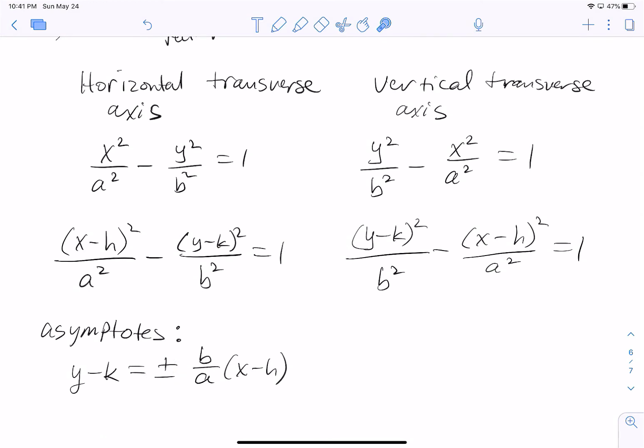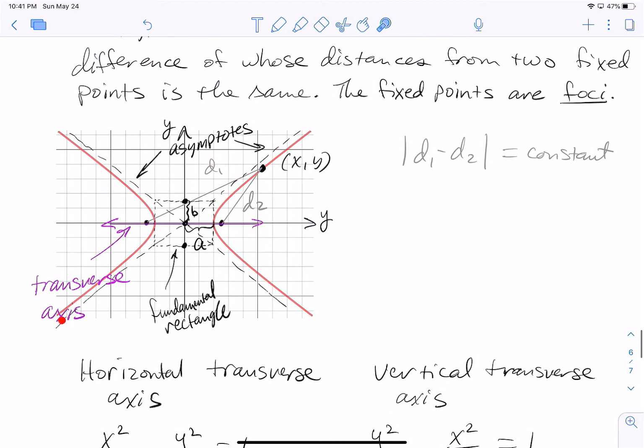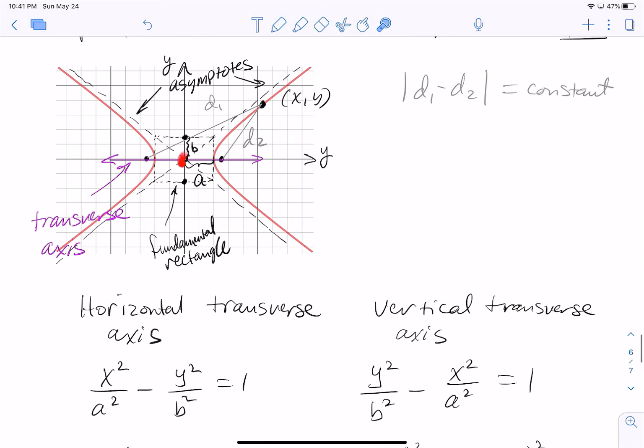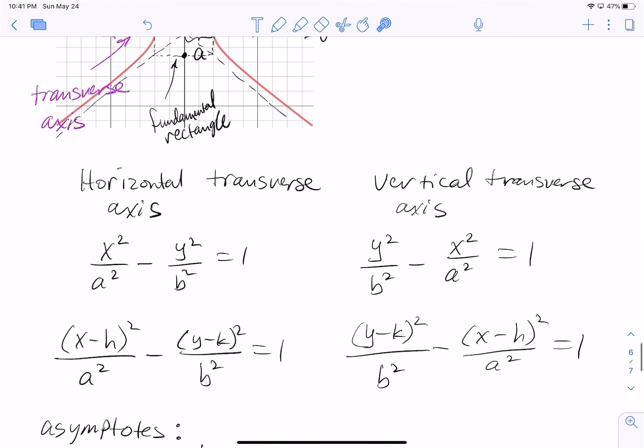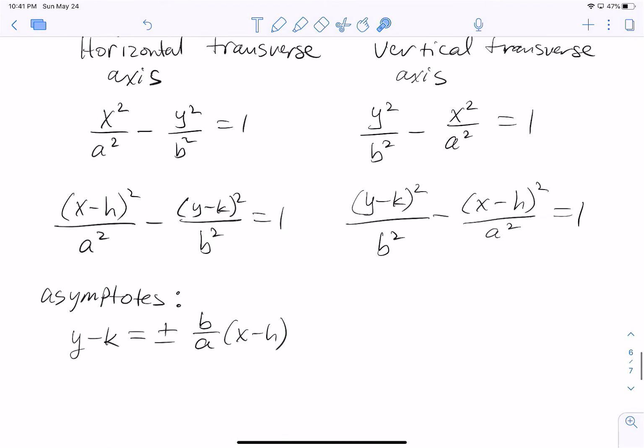Plus or minus because one asymptote will always have a positive slope and the other will always have a negative slope. h and k, being the center of the hyperbola, are two coordinates of a point where the asymptotes will intersect. And h and k could, of course, be 0 in the case of the first equation that we wrote down.